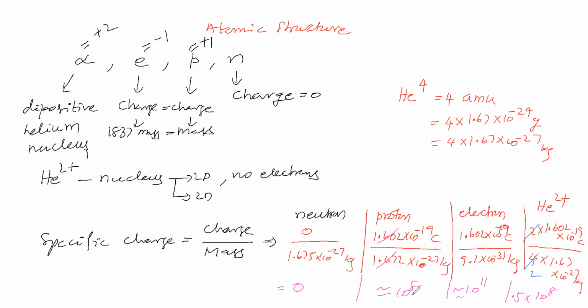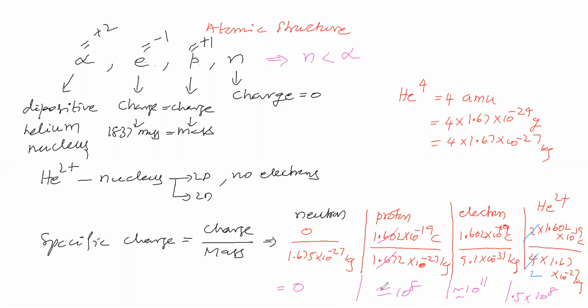Therefore, from these values, we can say that neutron is having the least value, because of 0. Next higher is what? Somewhat higher is this alpha.